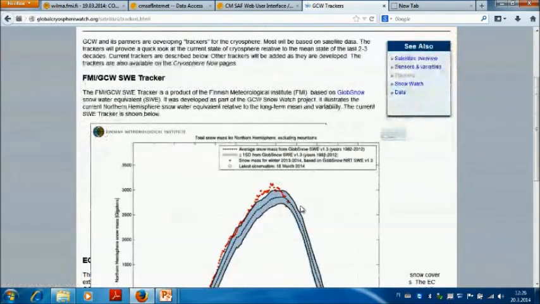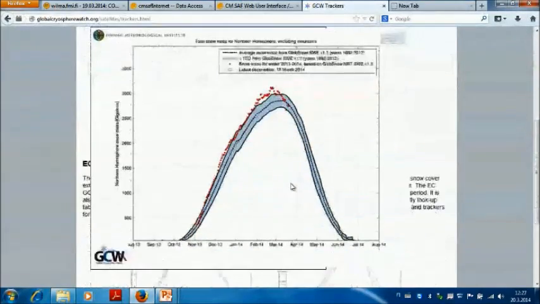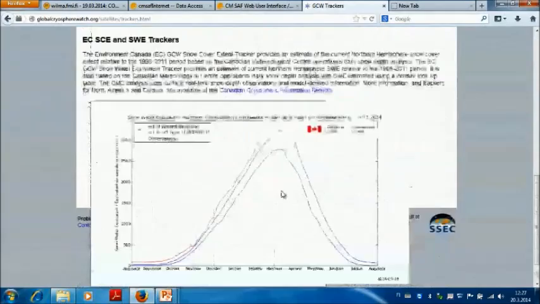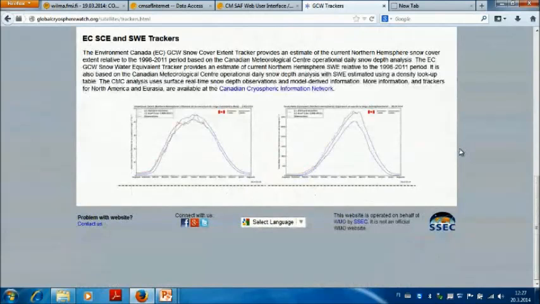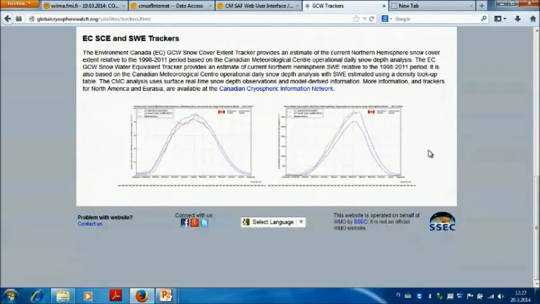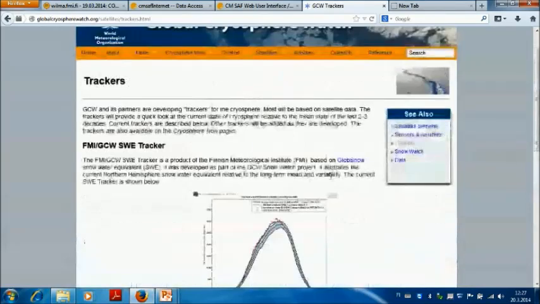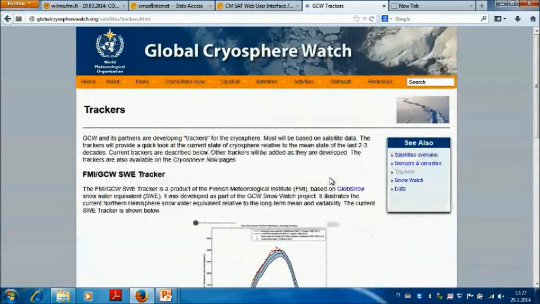So this is showing the SWE conditions for this year from the FMI tracker, and then there are a few different trackers by Environment Canada. So okay, yes, thanks. They are produced by FMI and Environment Canada, and they are provided to the Global Cryosphere Watch website.